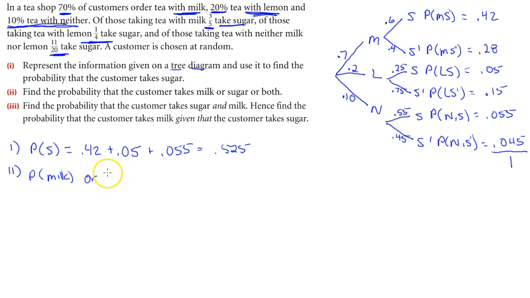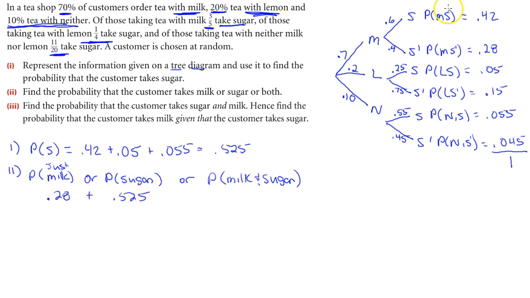The next one says find the probability they take milk or sugar or both. So again, it's an or, so I'm happy with any of these, but I've just got to be careful that I'm looking for any overlaps. So first I'm going to do just milk, and that's going to be 0.28. Now sugar we've already figured out, so I'm just going to copy that down, 0.525.